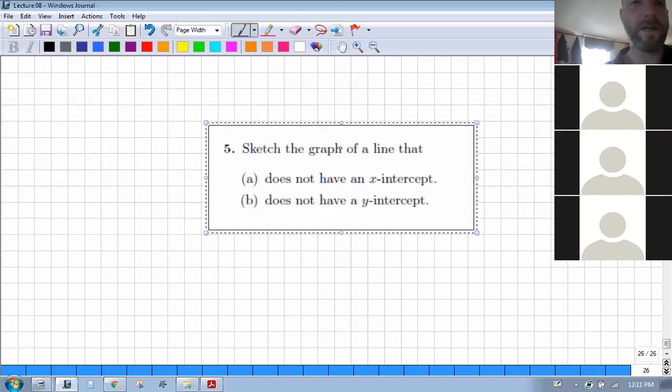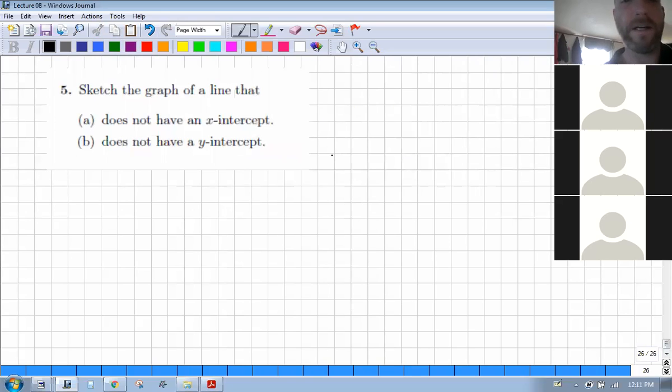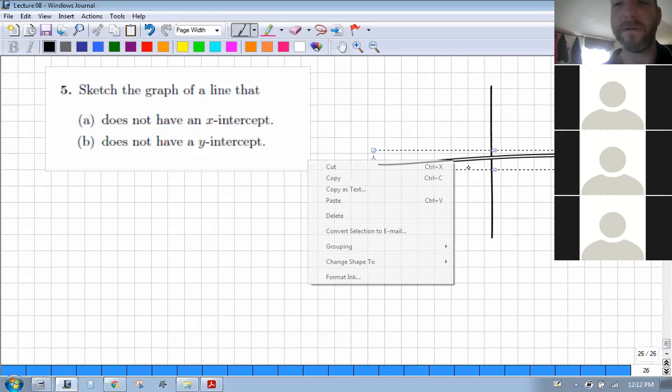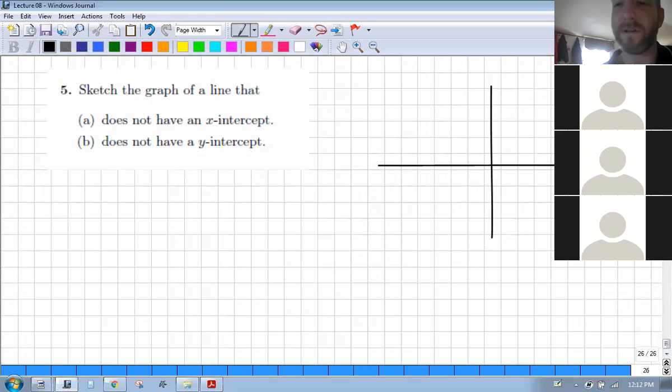All right, sketch the graph of a line that does not have an x-intercept. Well, this is our x-axis and here is our y-axis. If it does not cross the x-axis, then how about that?